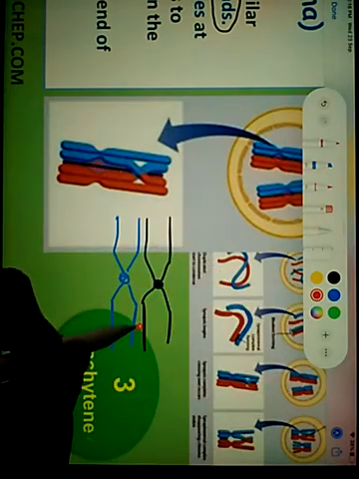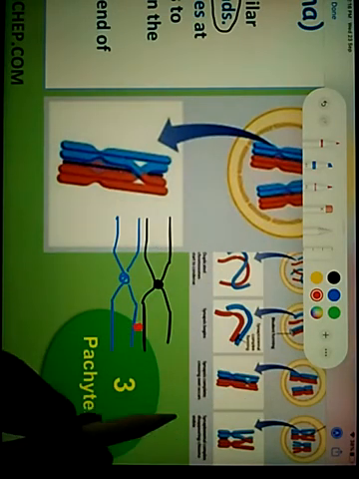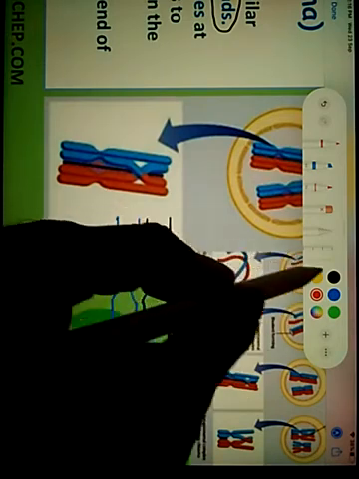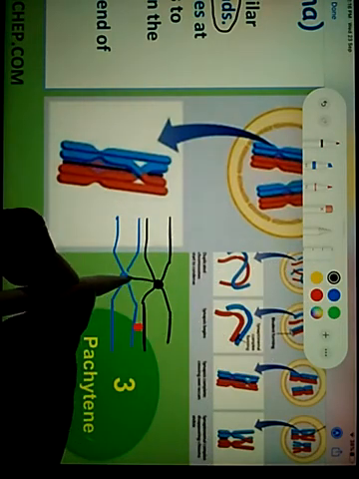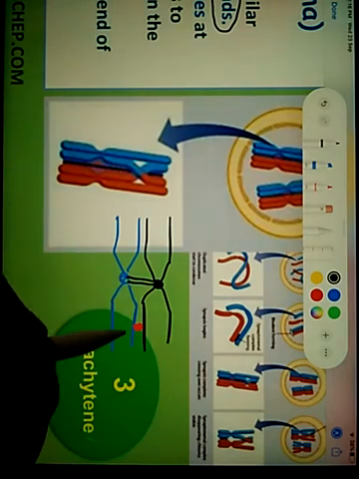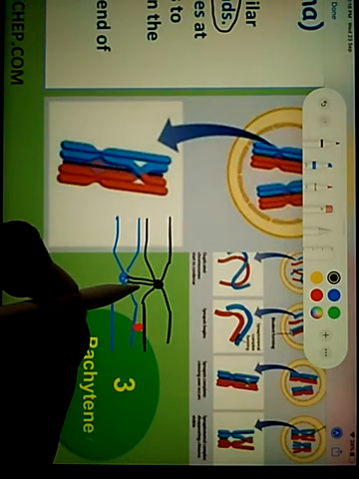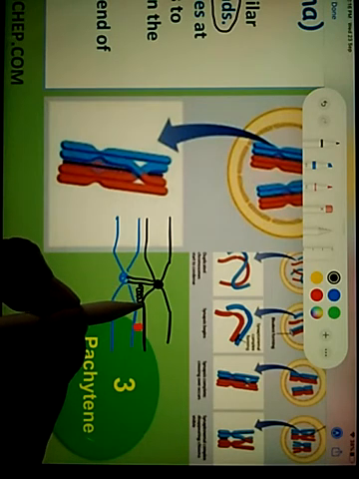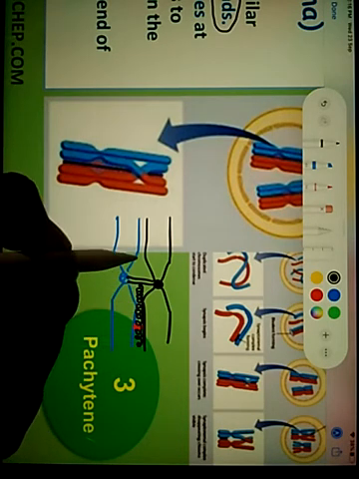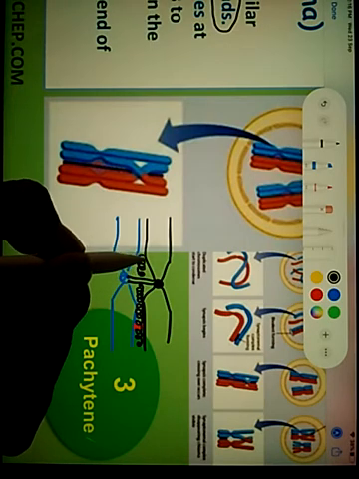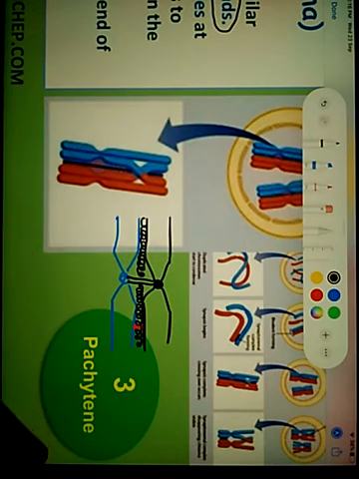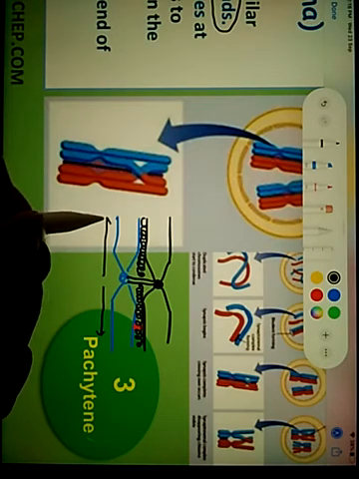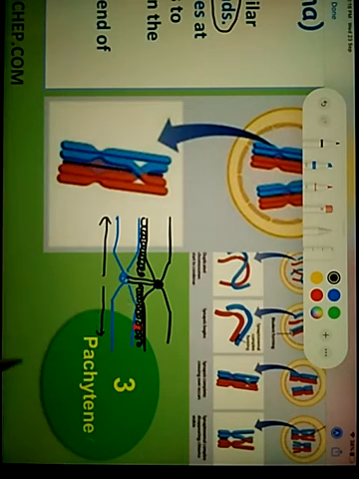Now this is the synaptonemal complex, from where it is getting joined, but after joining from the centromere part to their respective peripheral region, they are getting joined together.